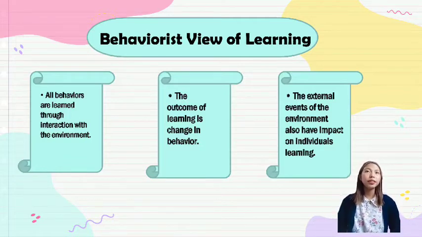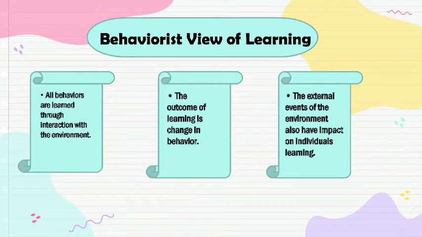Therefore, the external events of the environment also have impact on individuals' learning. It means that the kind of experience any individual is getting in a particular environment affects the learning of that individual.